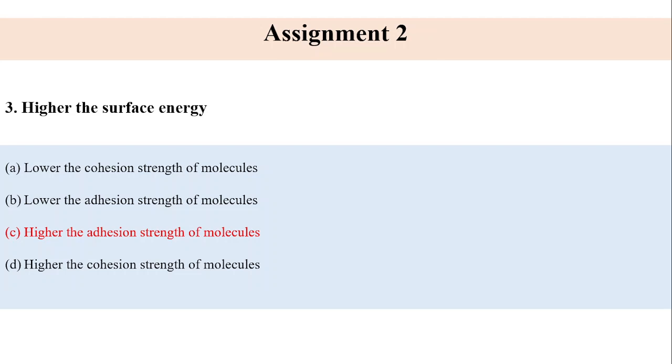In case of cohesion, we are separating two similar media, whereas in case of adhesion, we are focusing on separating two different media. So we will rule out option A and option D, since we are relating surface energy with adhesion and not with cohesion.